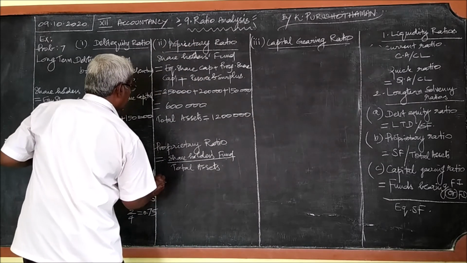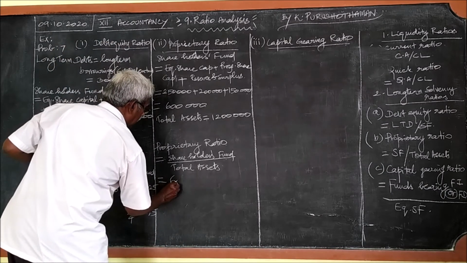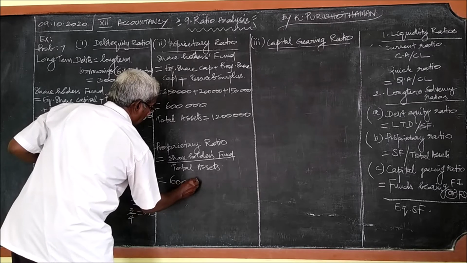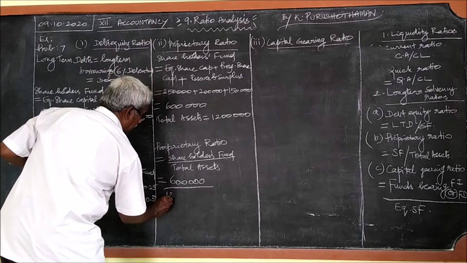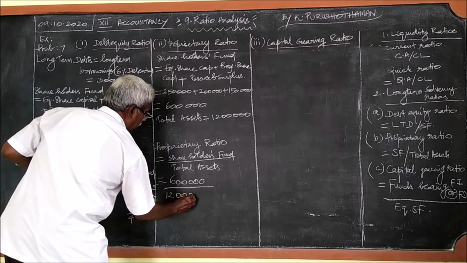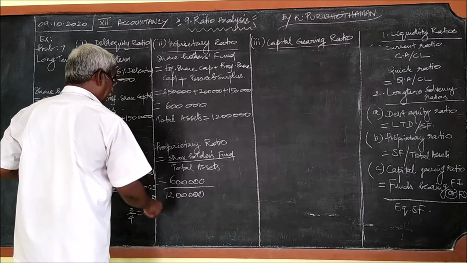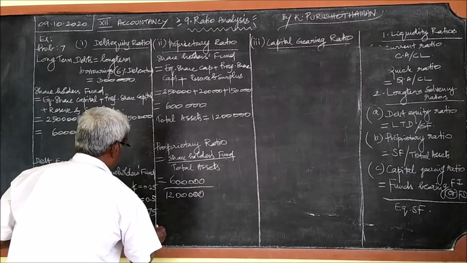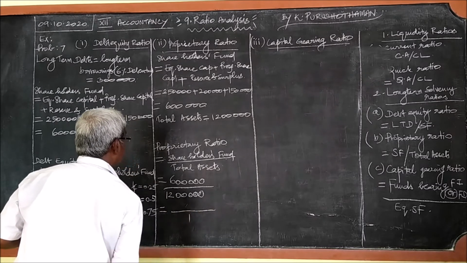This is equal to shareholders fund 6 lakhs whole divided by 12 lakhs. Then if you simplify, 5 zeros will be cancelled. For 12 you put 1.